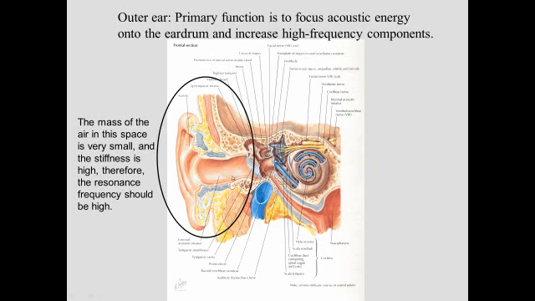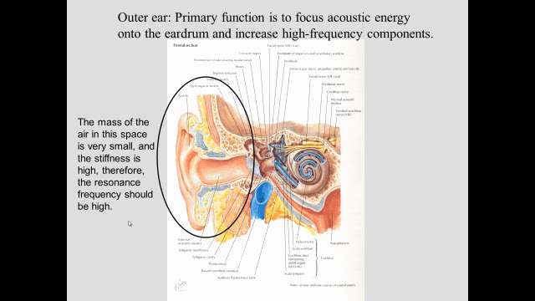Well, here's an even smaller piccolo, if you will, the outer ear canal. And the air that is held in that space is of a very small mass. There's a very small volume of air, and it also happens to be a fairly stiff plug of air, mainly because it's got a wall on one side of the cavity. But you can just think about it as a very small plug of air.